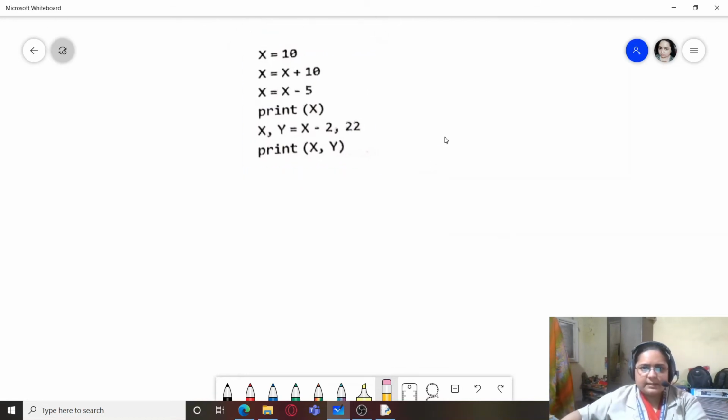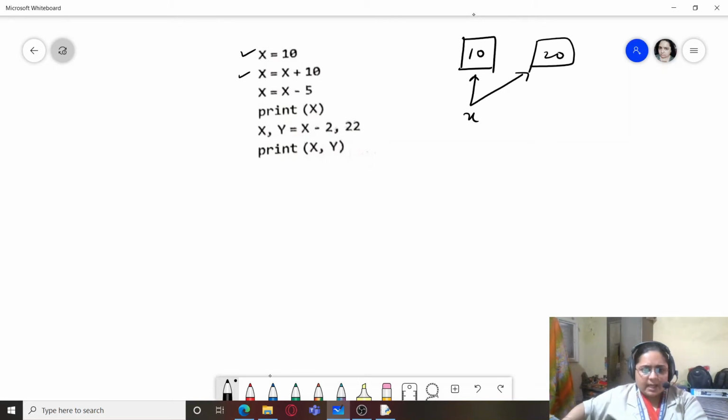So x equals 10. That means somewhere in the memory x is already pointing to 10. Here we have 10 and x is pointing to this 10. Now next statement is x equals x plus 10. So now x equals x plus 10 means 10 plus 10 will be what? 20. So now x will be pointing to 20 and this association will be broken.